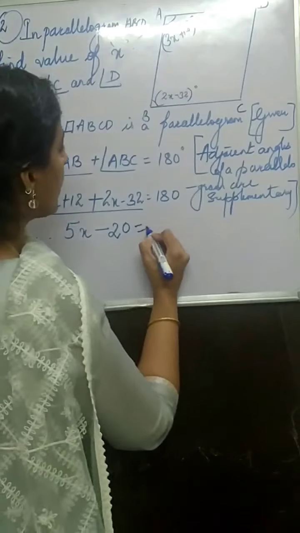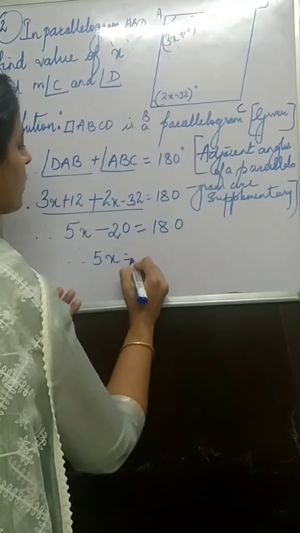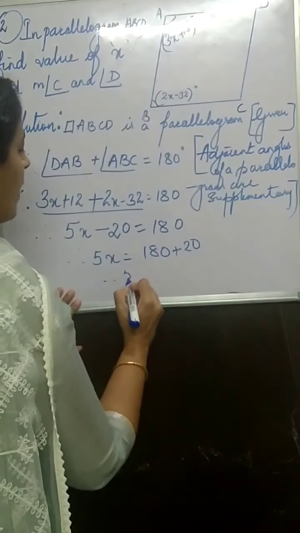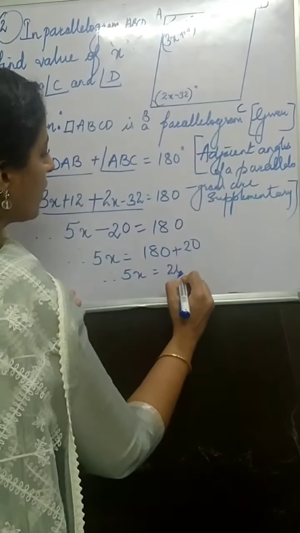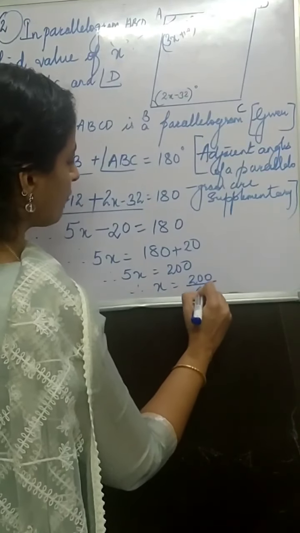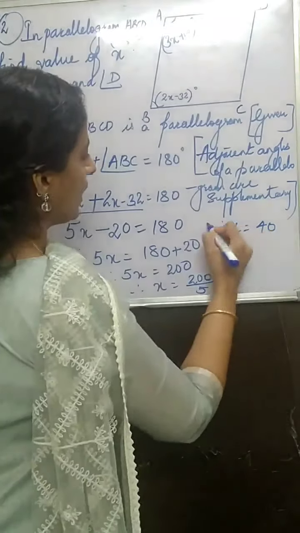Is equal to 180. So therefore 5x is equal to 180 plus 20. 5x is equal to 200. Therefore x is equal to 200 upon 5. Therefore x is equal to 40.